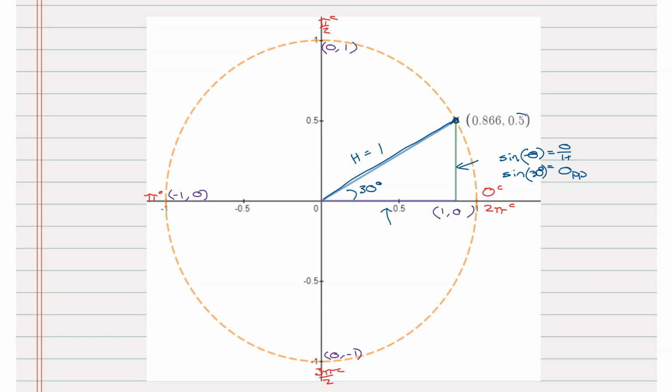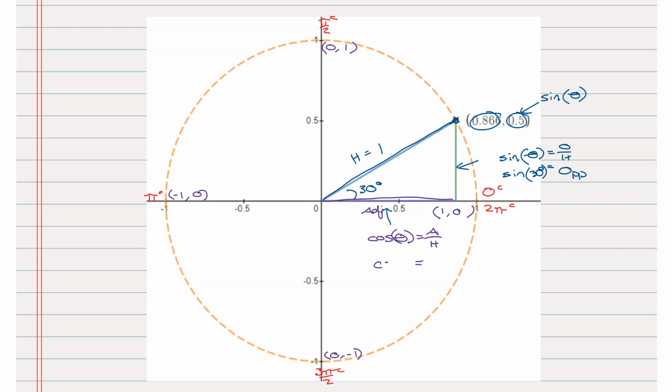So this value is represented by sine theta, and this length in here is the x coordinate, represented by this purple line across here. Because this is the adjacent, we can do a shortcut and simply say cosine theta equals the adjacent over the hypotenuse.